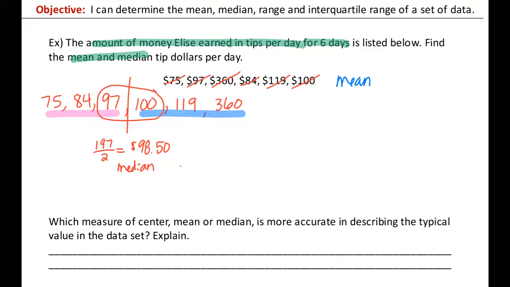Then let's talk about the mean. So again, the average, you're going to add all 6 values together, and we're going to divide by 6. $835. Can you guys verify? Add all 6 numbers together?